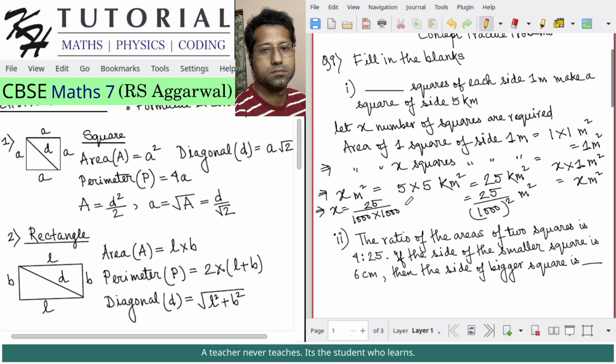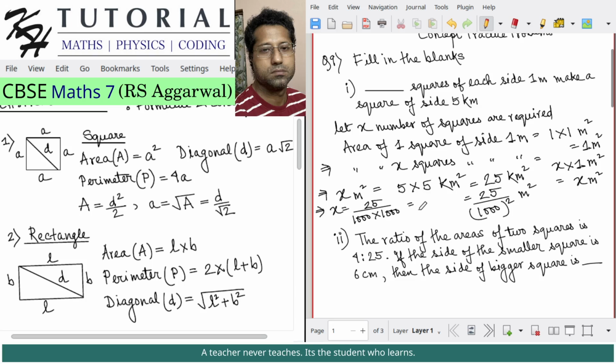Perimeter is just length, so you must know how to convert the unit from centimeter to meter, meter to kilometer, centimeter to kilometer, decimeter. All these conversions of units you must be aware of, and also the conversion of units of area, that is how many meter square is 1 kilometer square, or how many kilometer square is 1 meter square.